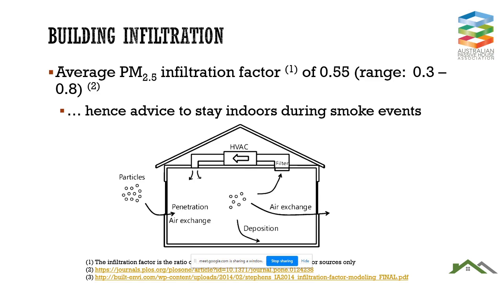And there are a number of studies that have looked at these infiltration factors, so the ratio of outdoor particulate matter that reaches indoors, and have found that generally speaking, on average, just over half, or about 0.55, is the ratio of that outdoor PM that makes its way into the building. So if you think of it, you're getting some deposition of that PM as it moves in through the building fabric, as it settles in your wall cavity, on your window sills and so on.